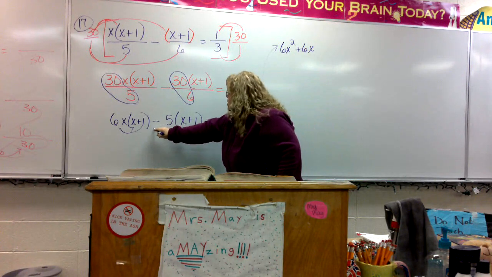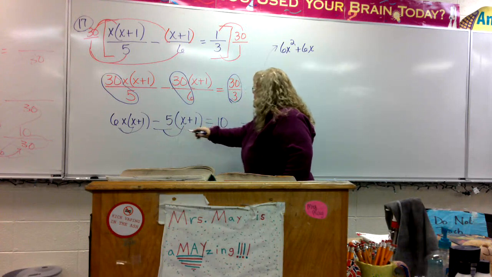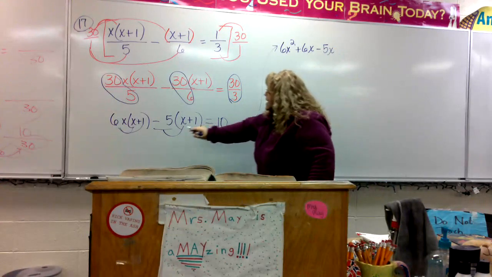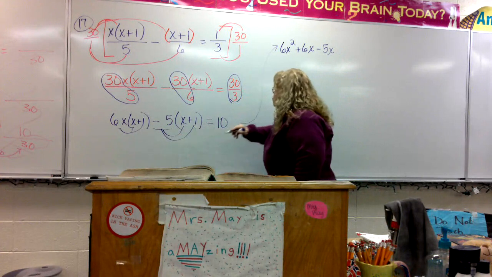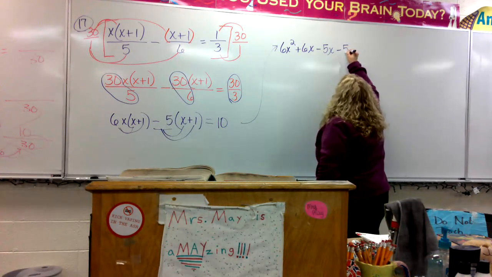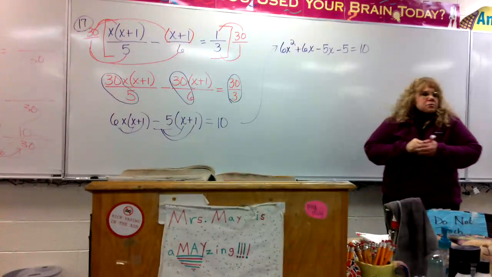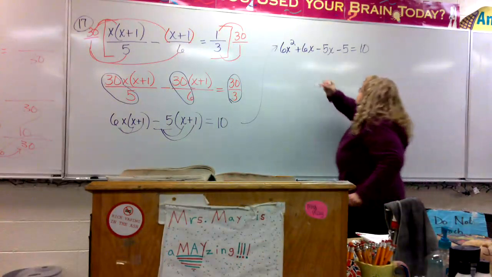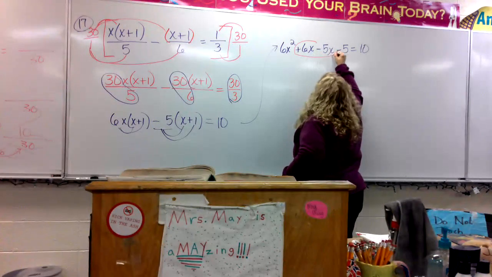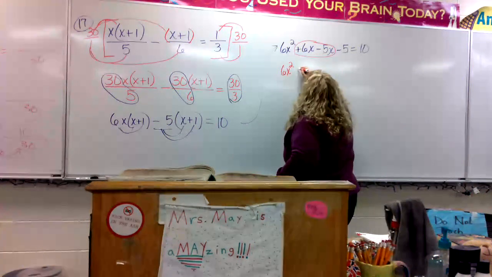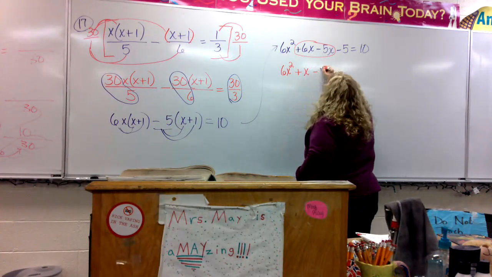What do you get? Remember, it's minus 5 times x. And it's minus 5 times 1. Combine any like terms, which I see some right here. So I have 6x squared plus x minus 5.